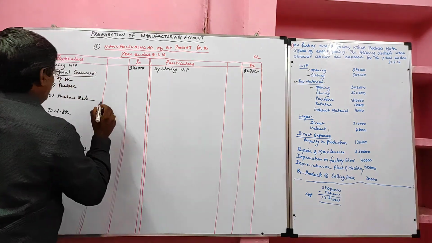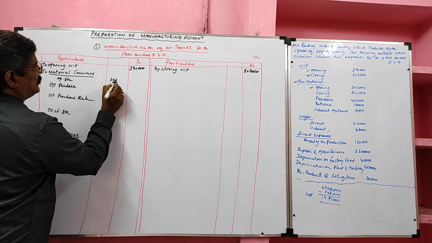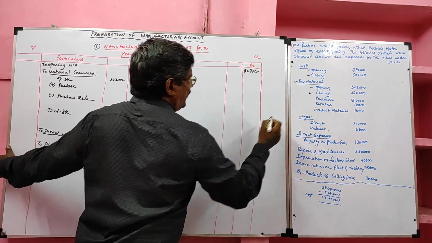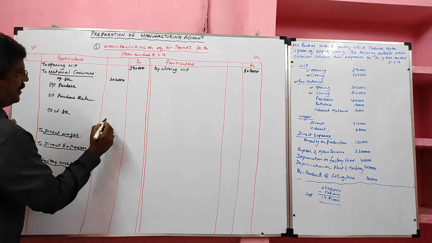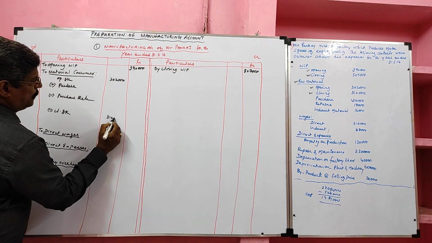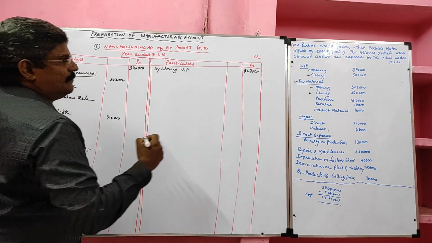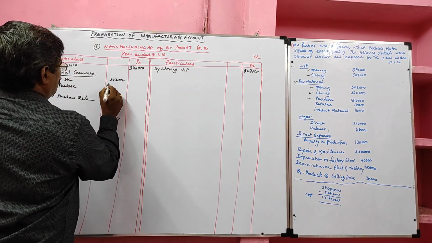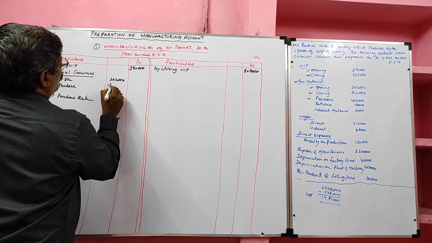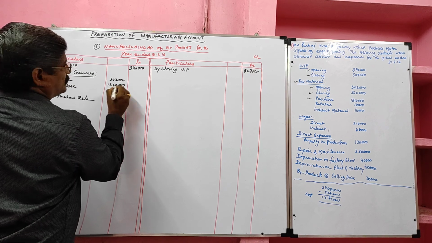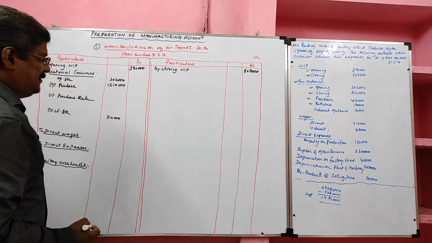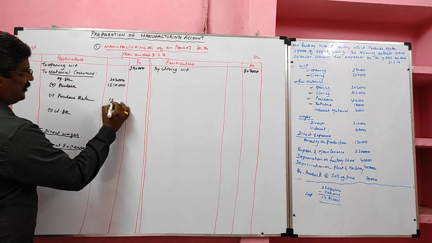Opening stock is given as 3,02,000. Closing stock of raw material is given as 3,10,000. Purchase of raw material is given as 12,10,000. Returns, which we call purchase return, are 18,000.